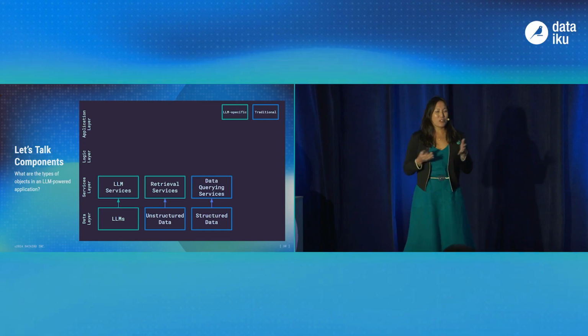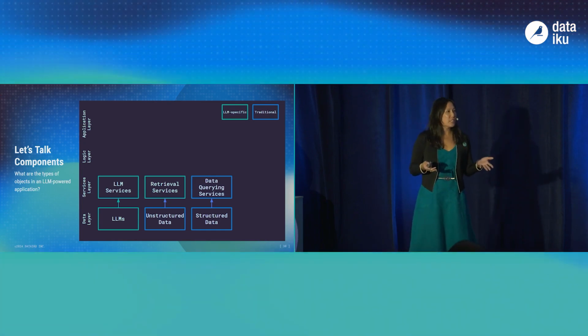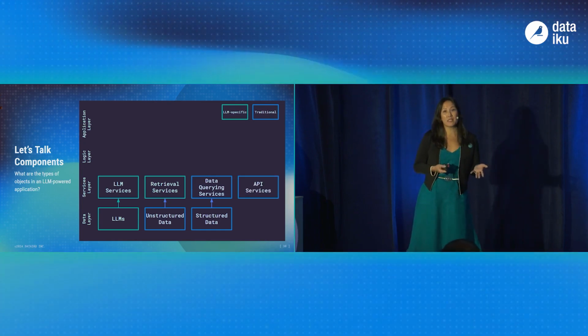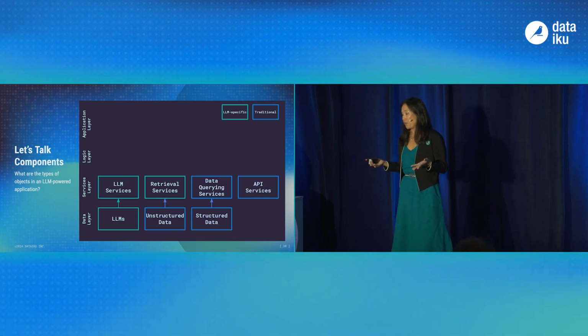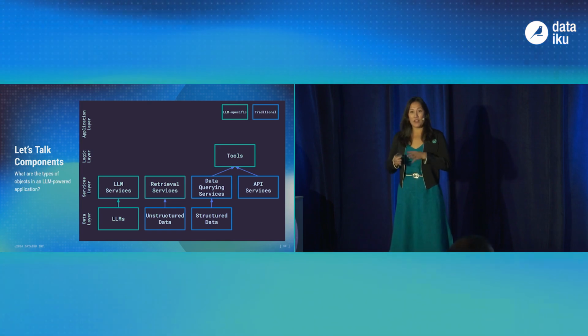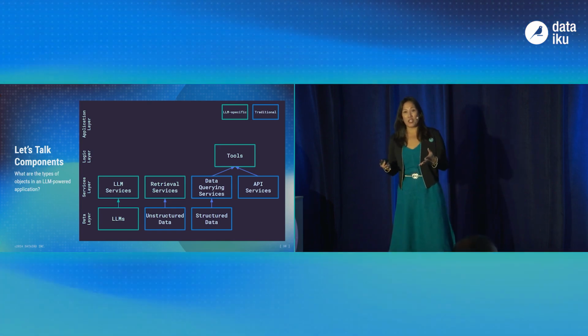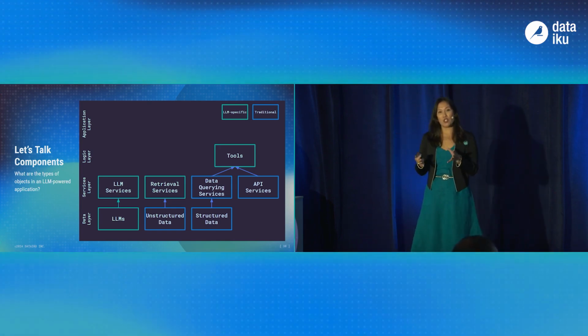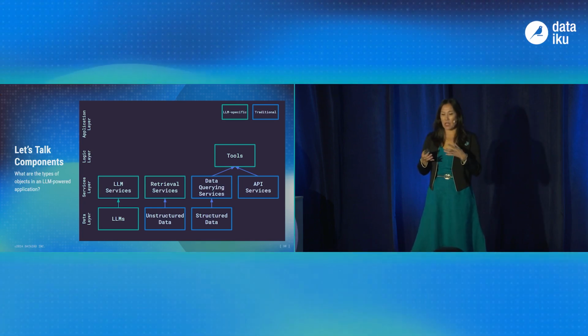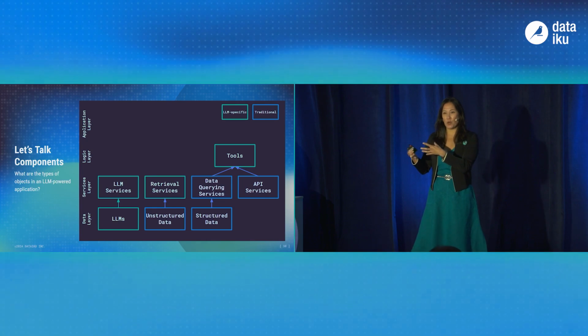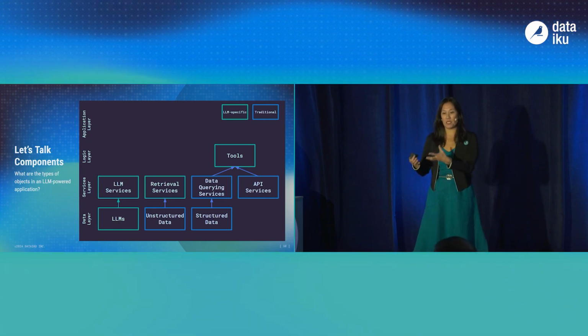Then you add the traditional elements, data querying services. These are our SQL databases, and any number of arbitrary API services that you might call. Now, in the new world, where we talk about LLM agents, we really bucket those last two as tools, because that really is the logic of how the agent is going to use these services for its specific use case.